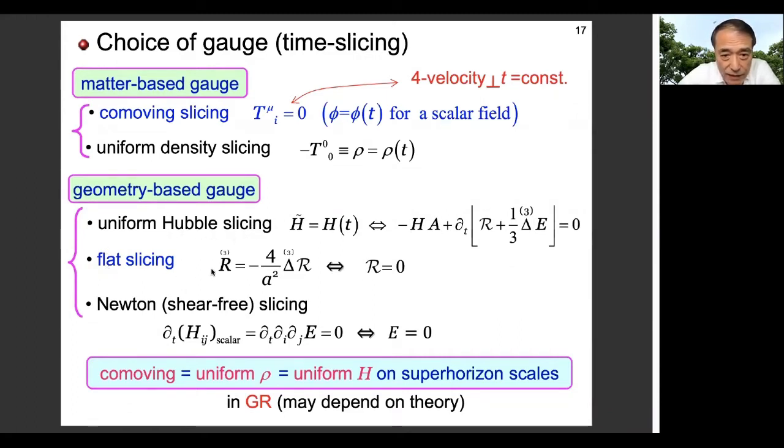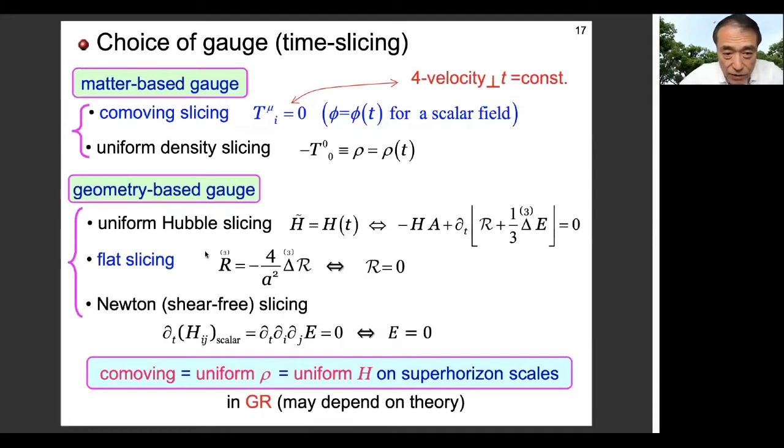And another is the flat slicing. As I said, this curvature perturbation is the potential for the three-dimensional curvature. If you choose a slice in which this curvature perturbation is zero, then the three-dimensional curvature is essentially zero, apart from a small correction from maybe tensor-type perturbations.